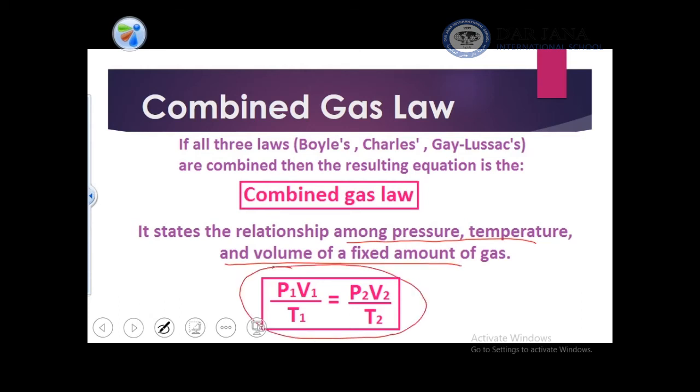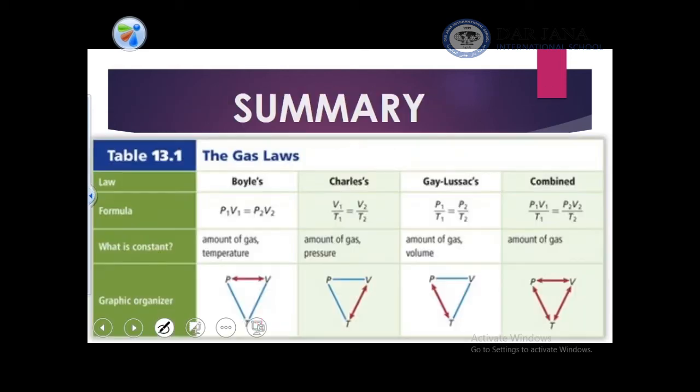This law combines the pressure, volume, and temperature of initial and final conditions in one equation, which is P1V1 over T1 equal P2V2 over T2. This is the summary of Boyle, Charles, Gay-Lussac laws, and the combined law.